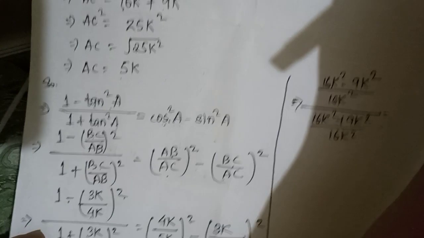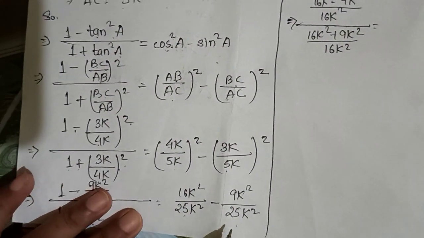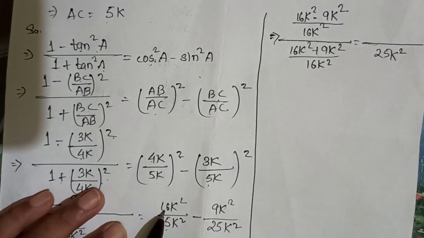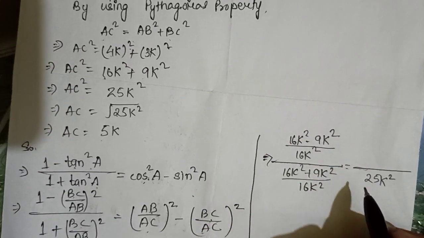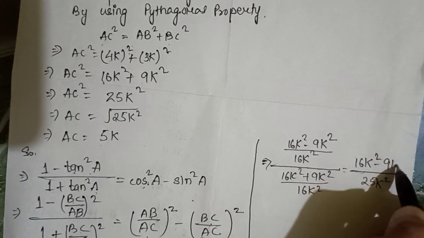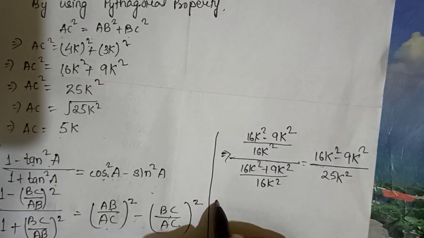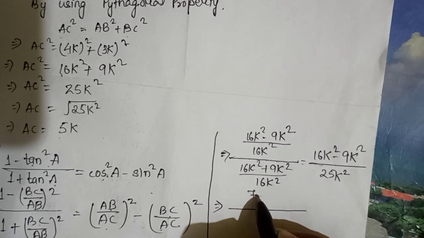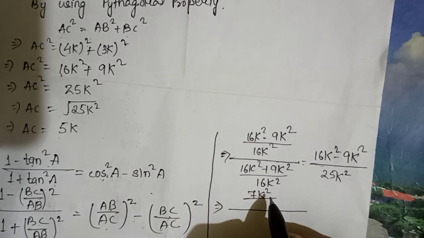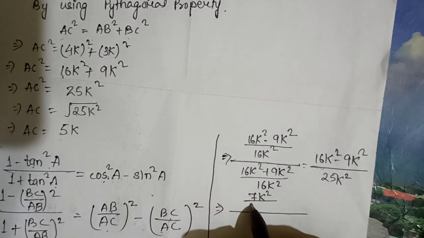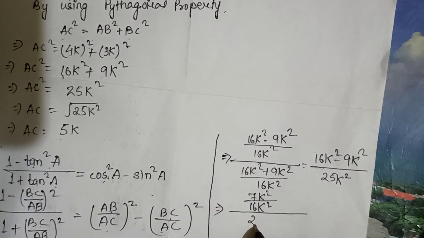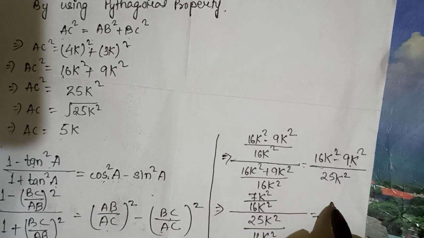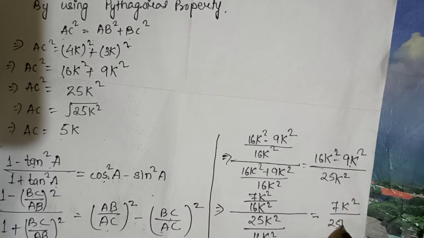Now coming to the right hand side, let us see. We can take 25K square as LCM, and upside 16K square minus 9K square. So this implies that 16 minus 9 will be 7K square, and here we have 16K square. 16 plus 9 will be 25K square by 16K square, equals 16 minus 9 we will have here 7K square by below it is 25K square.